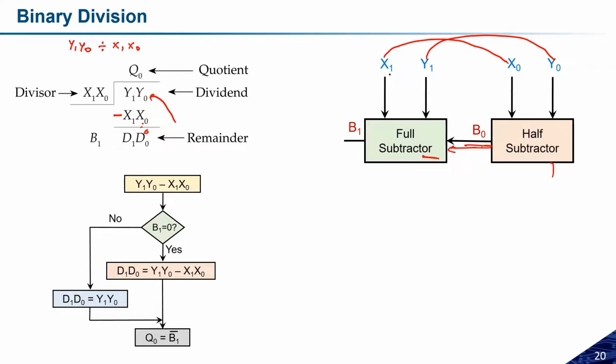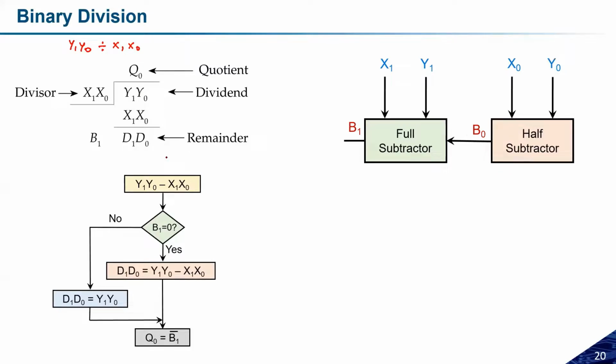Then x1, y1 and this b0 will be considered for the full subtraction, and that will give you b1, the borrow after the second digit. So this is the first stage: how we can subtract x1 x0 from y1 y0.